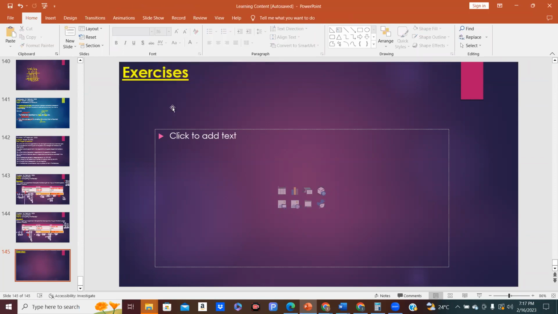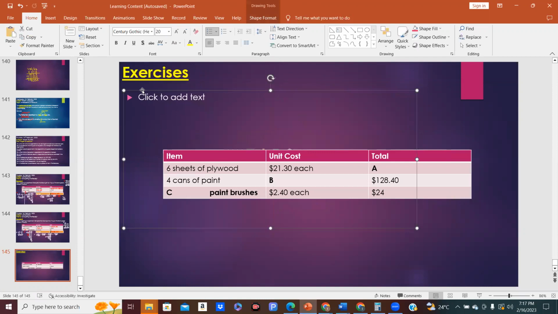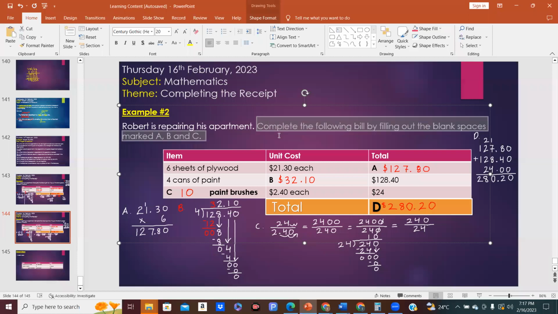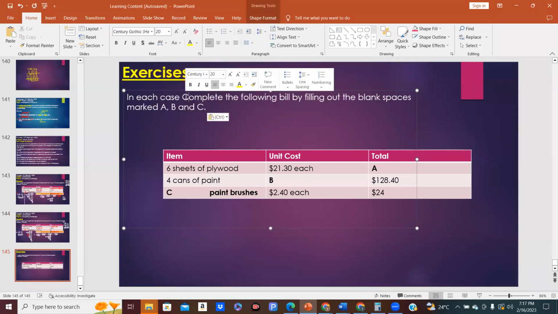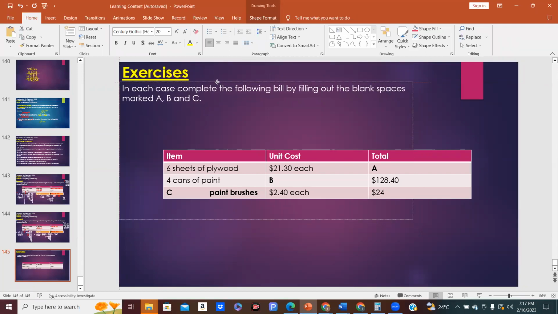So we can say in each case, complete the bill by filling out the blank spaces. A, B, C, and D. All right.